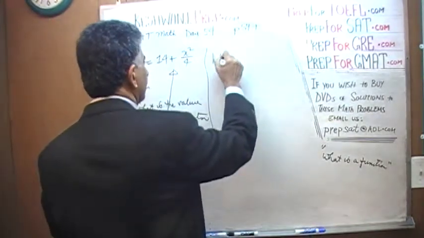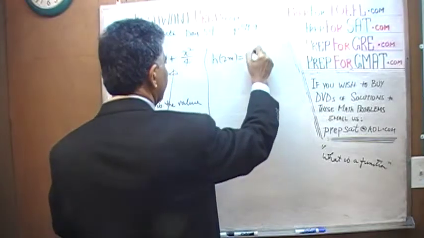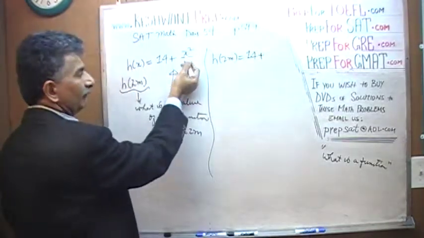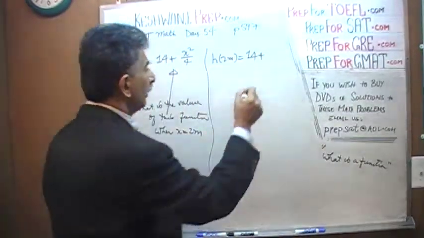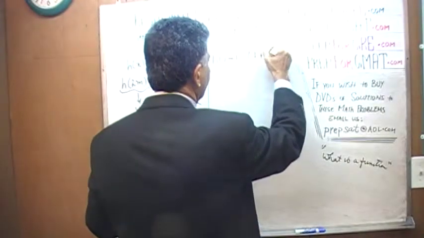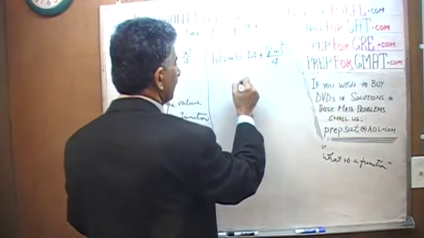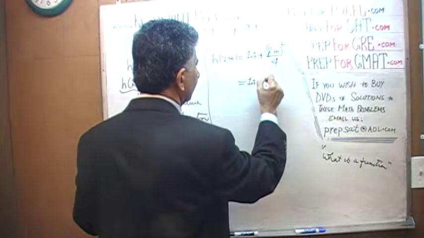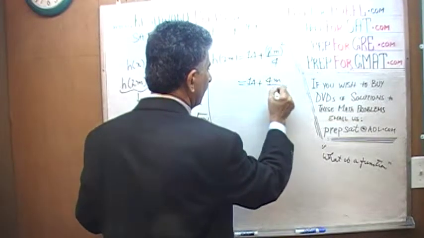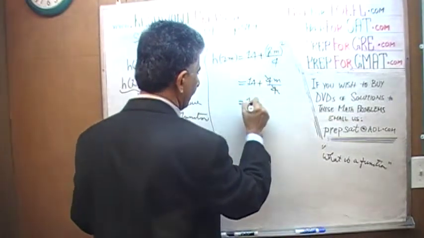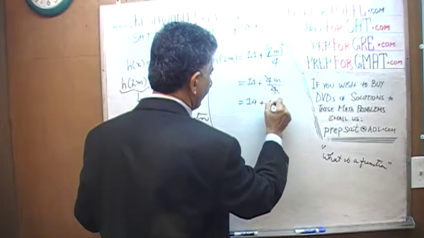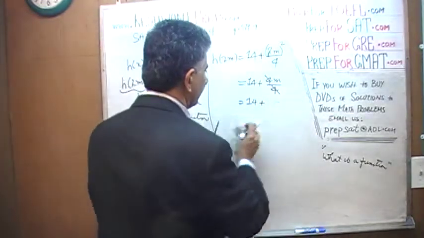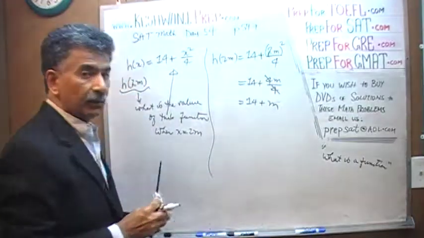So h of 2m is simply 14 plus 2m over 4, which is the same as 14 plus 4m over 4. The 4s are going to cancel out, and it's going to be 14 plus m.